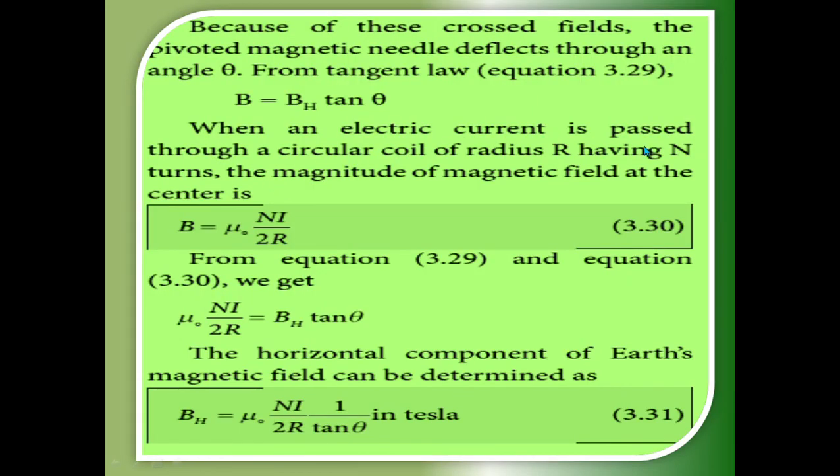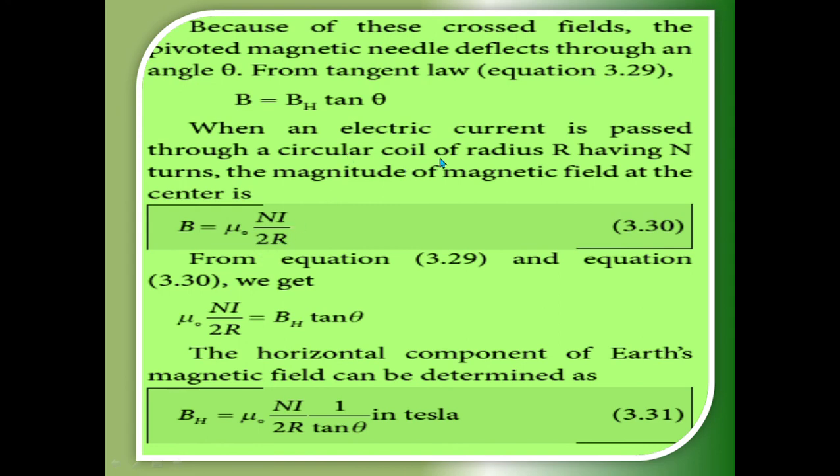When an electric current is passed through a circular coil of radius r having n turns, the magnitude of the magnetic field at the center is, a very important formula, B is equal to mu naught N I divided by 2r. N means number of turns, I means current.